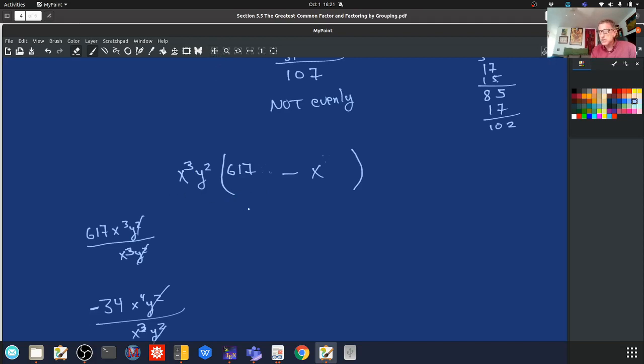So this is just simply 617 minus x times x cubed times x squared. Oh, this is minus 34. Caught another error.